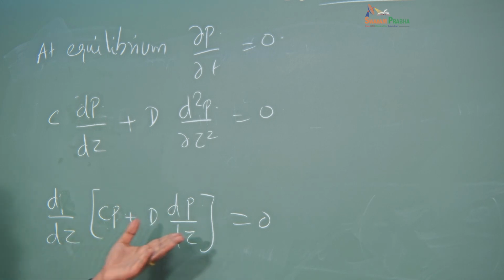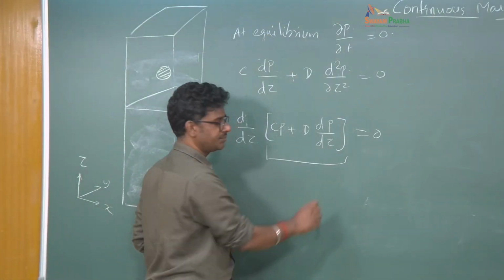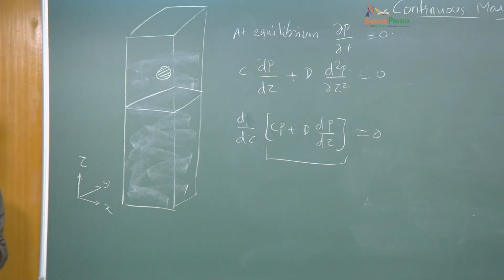So if this has to be 0, that means this whole thing has to be a constant, right?